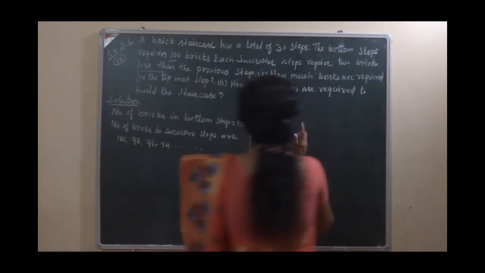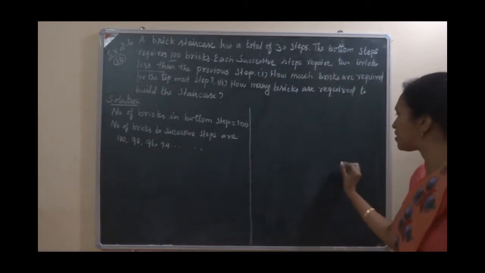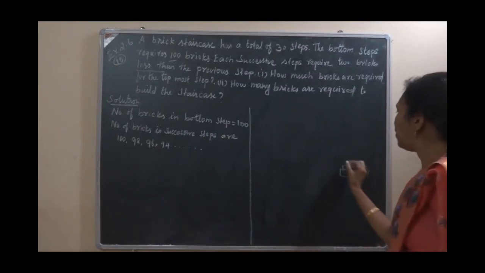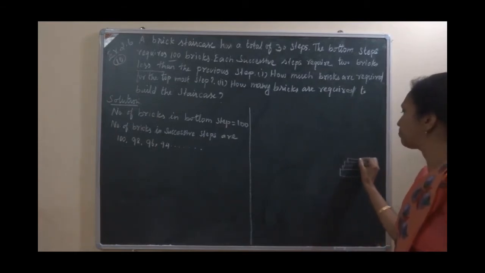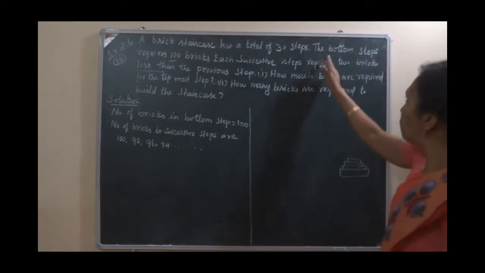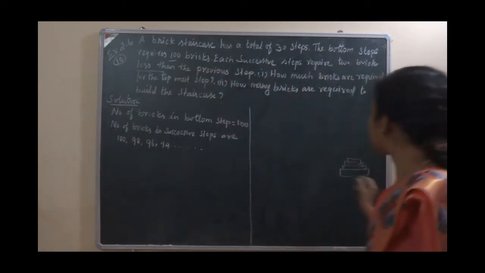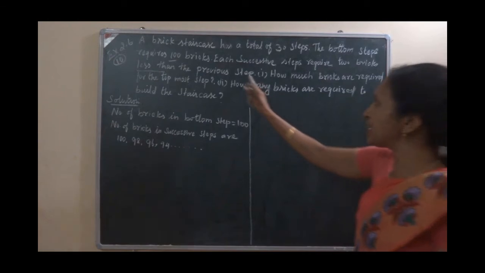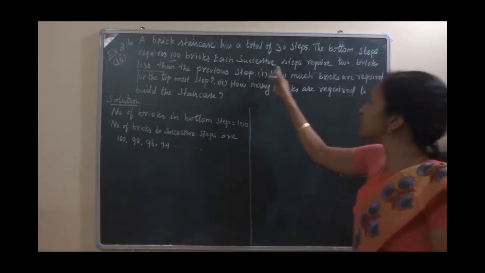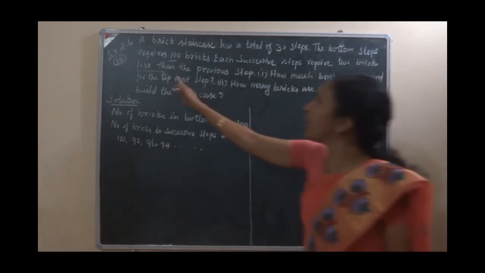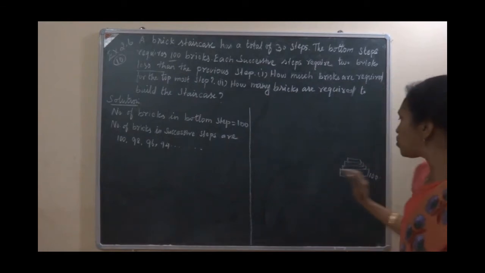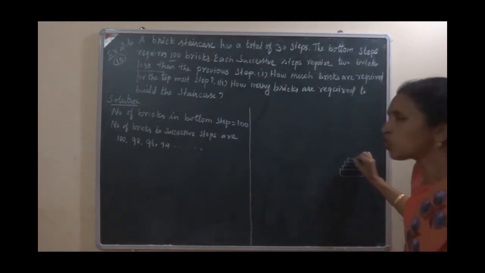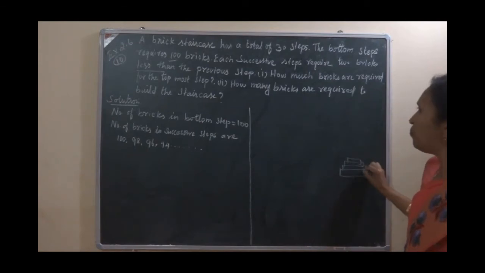A brick staircase has a total of 30 steps. The bottom step requires 100 bricks. Each successive step requires 2 bricks less than the previous step.